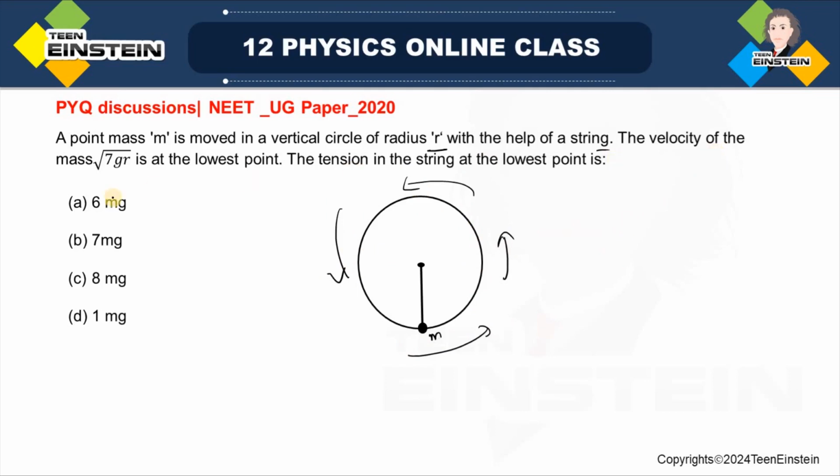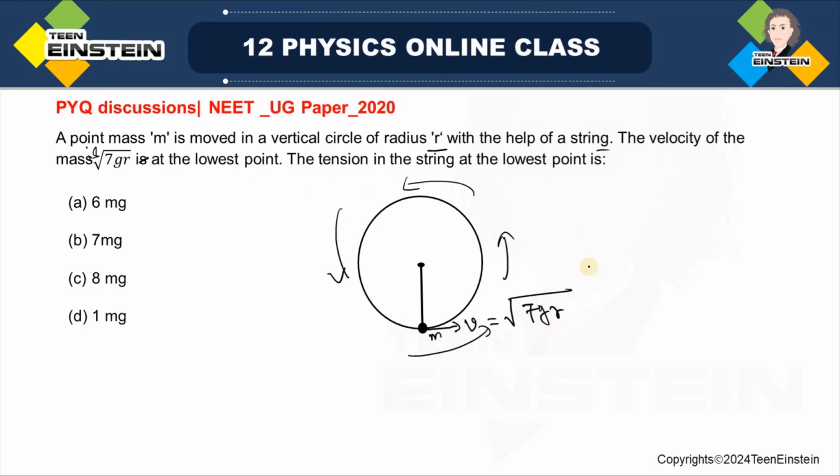The velocity of the mass is square root of 7gr at the lowest point. That means the speed at this position is in this direction, and this is v, and this v is given as square root of 7gr.